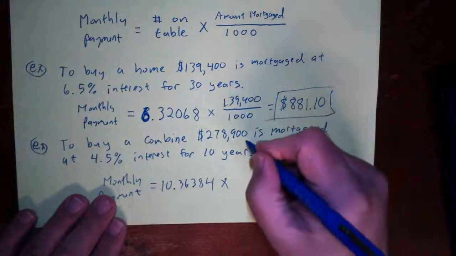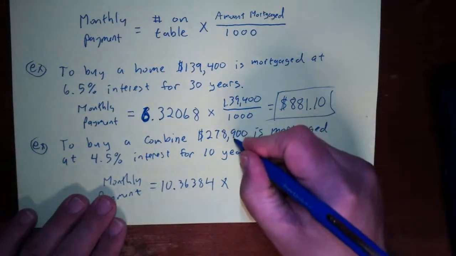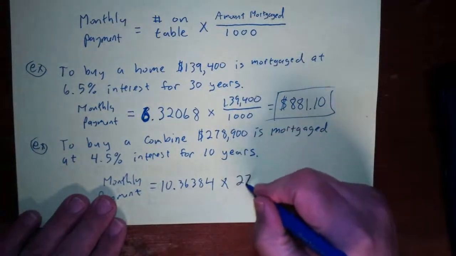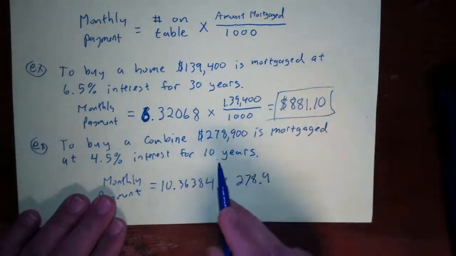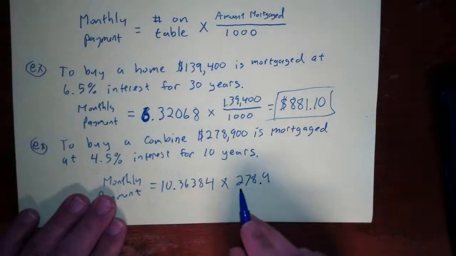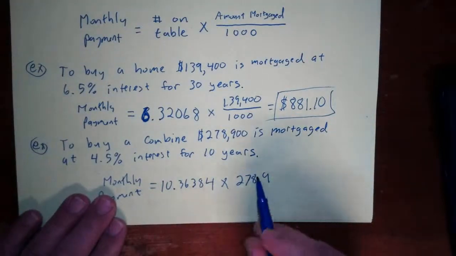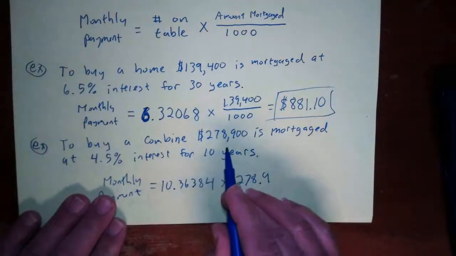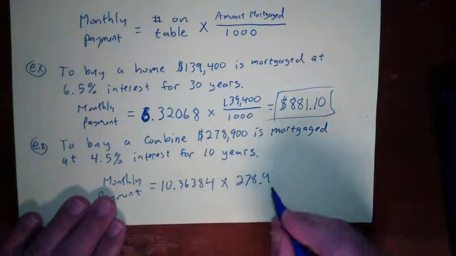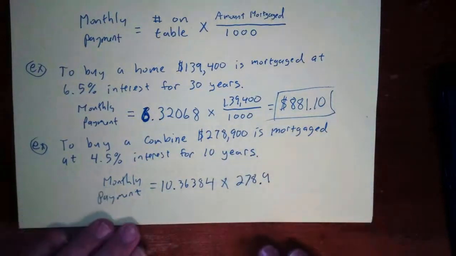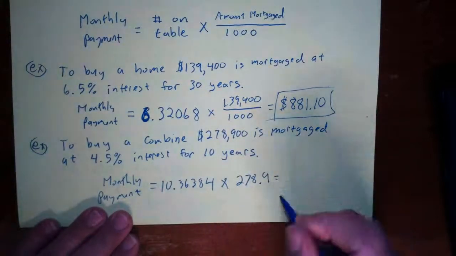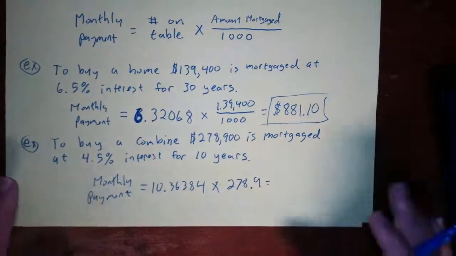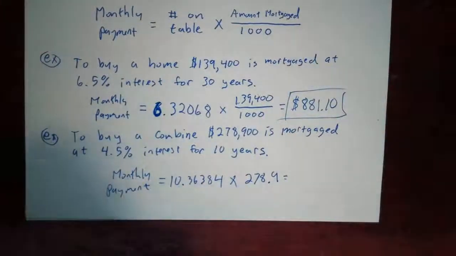So instead of writing it like this, I'm going to move the decimal point over 3 places, and I get 278.9. So it's like, how many $1,000 am I mortgaging? 278.9 of them, because it's $278,900. So this is the number of $1,000 mortgage. I just like to do it that way. It makes it a little easier to type in your calculator, to write it down, and so on.